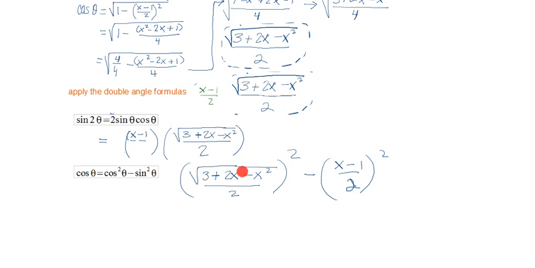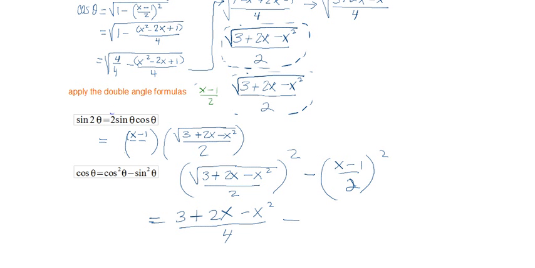So when you square something that has a radical, we just put the same number. So now we have 3 plus 2x minus x squared. And the bottom one we have to apply the power because that one has no radical, so that one turns into 4.